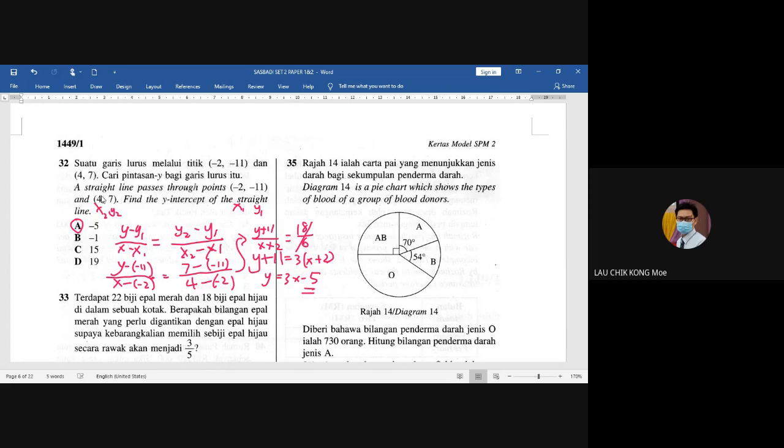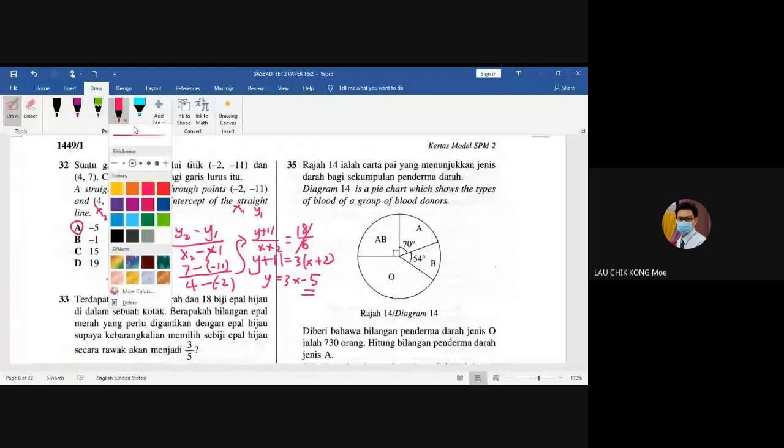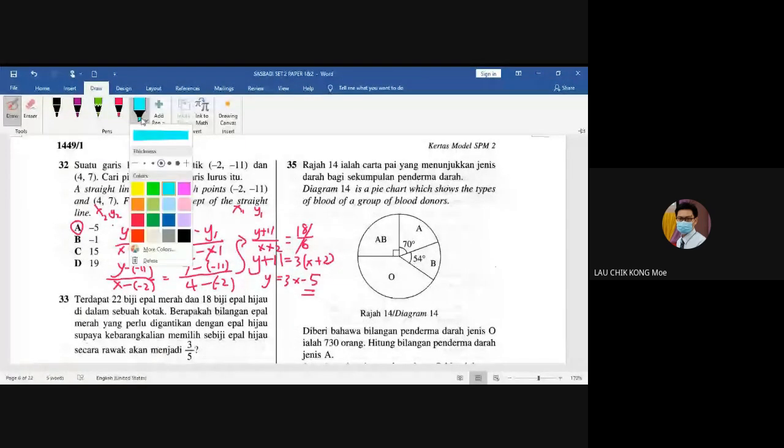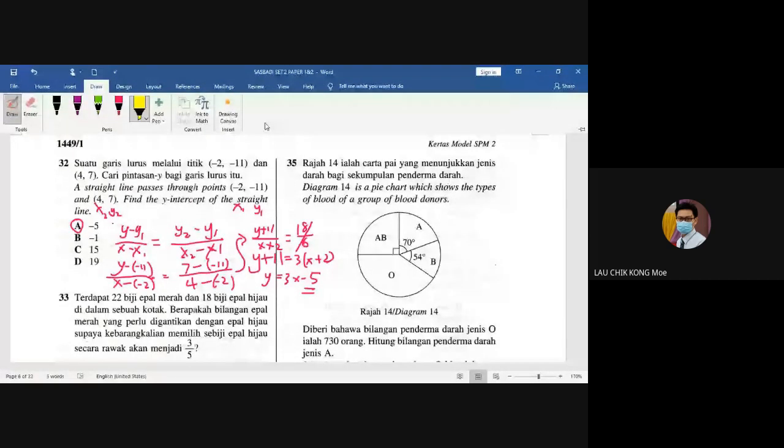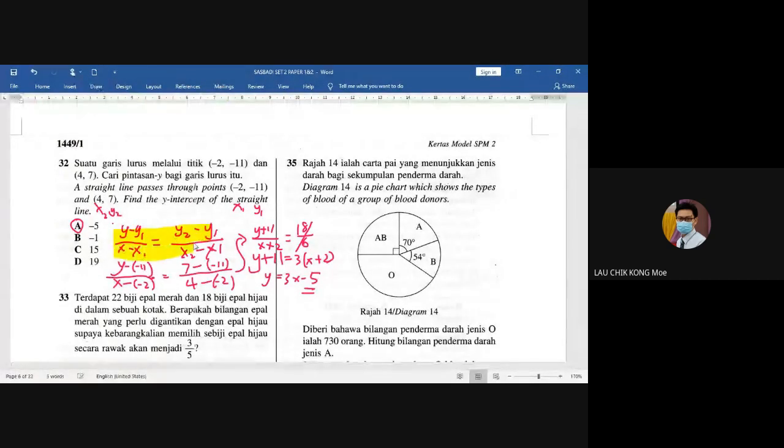That is 32, A. So you can use this formula, the mx formula.